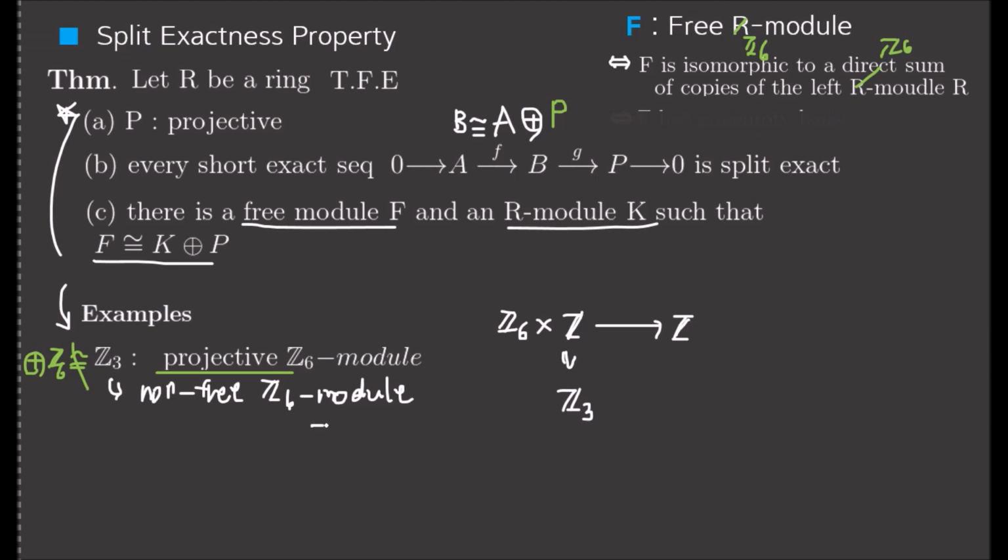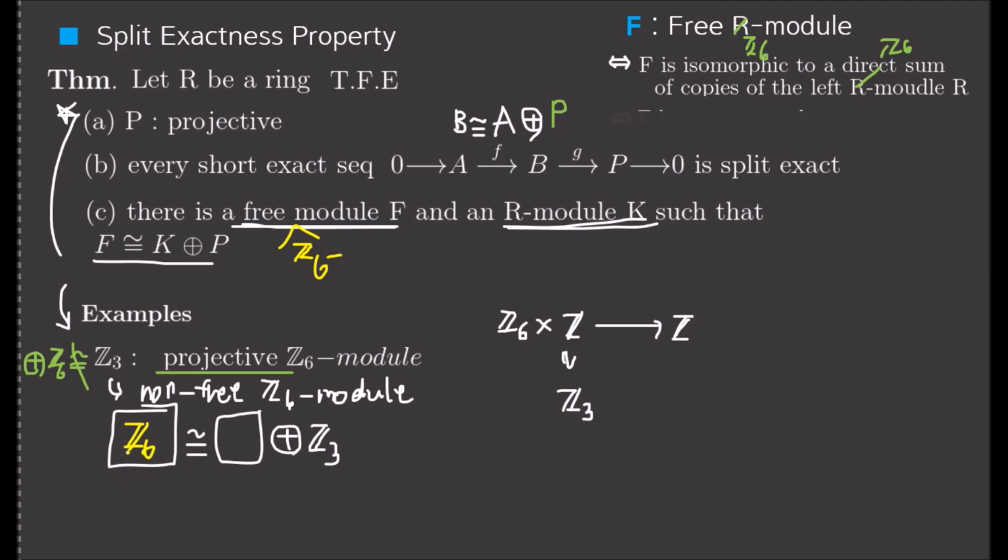If G3 is really a projective module, we can find a free module F and an R-module K such that these relations hold. But note that first, the free module is G6. In the case of a free G6 module, F is G6.